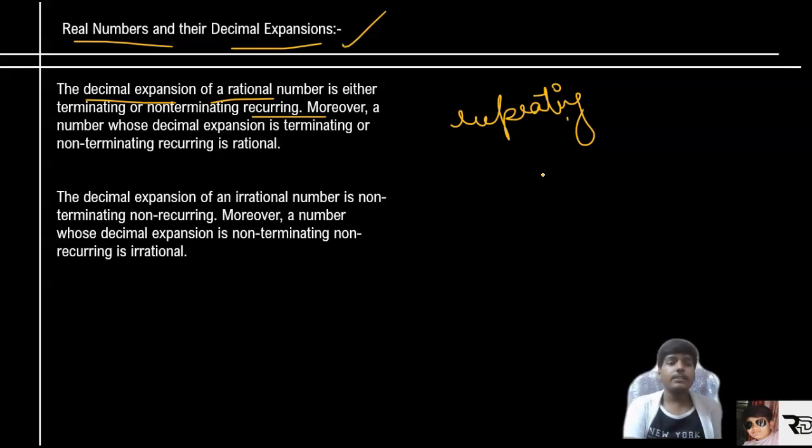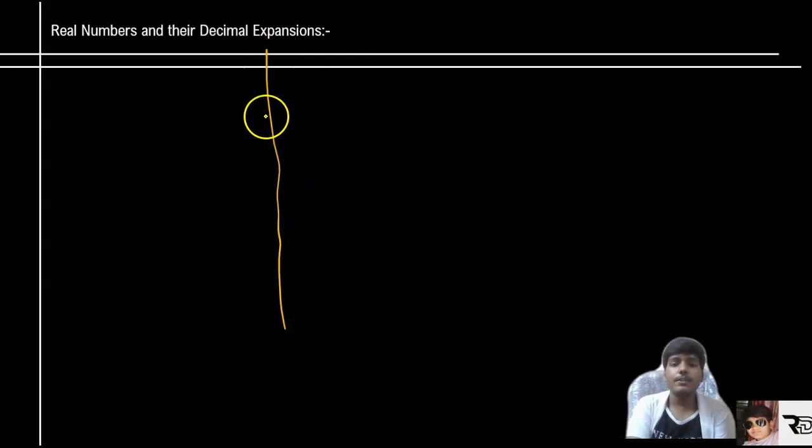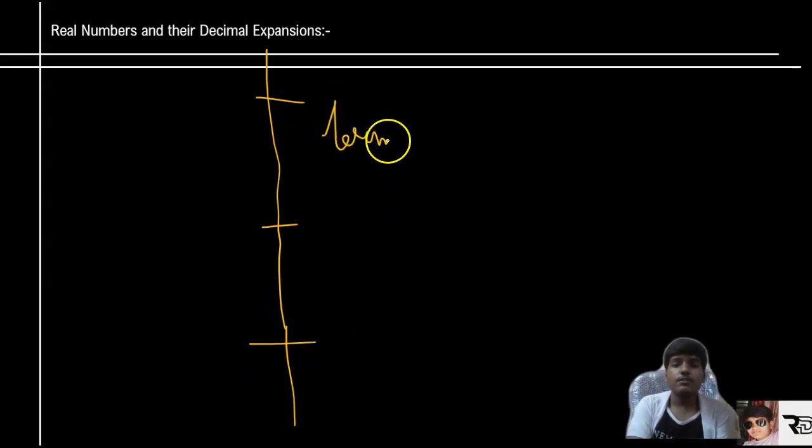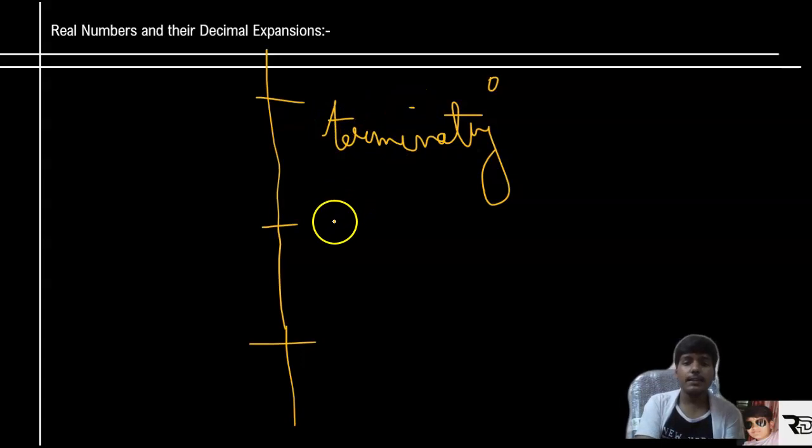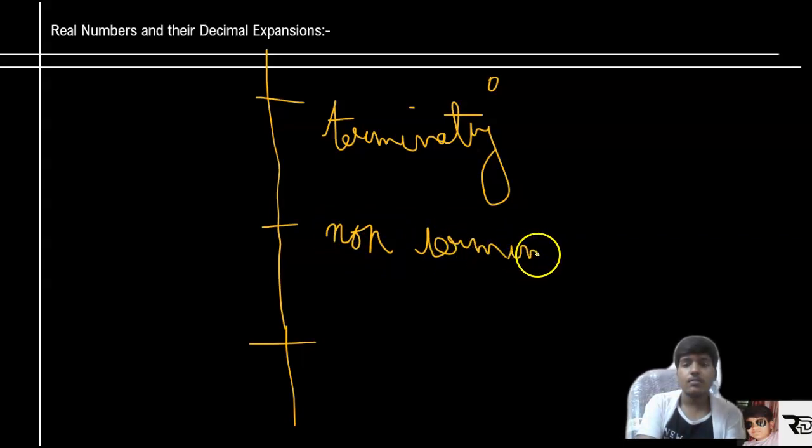Now, when I speak it seems a little confusing, but it is not. Actually, it is very, very easy. There are three different types of decimal expansions, and we'll talk about each one of them. The first one is terminating decimal expansion. The second one is non-terminating but recurring.